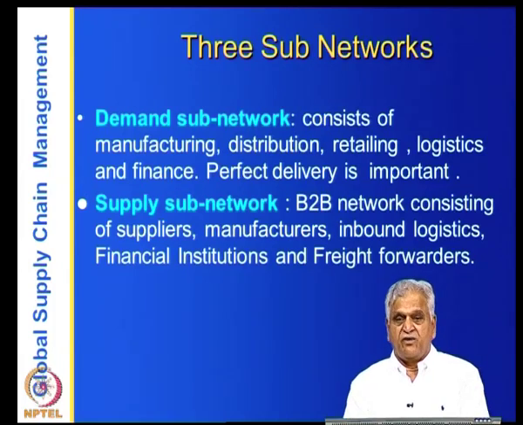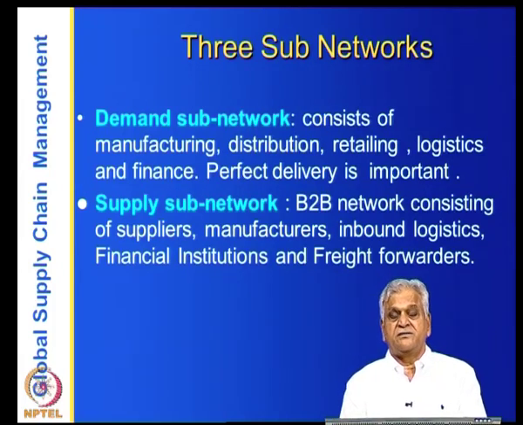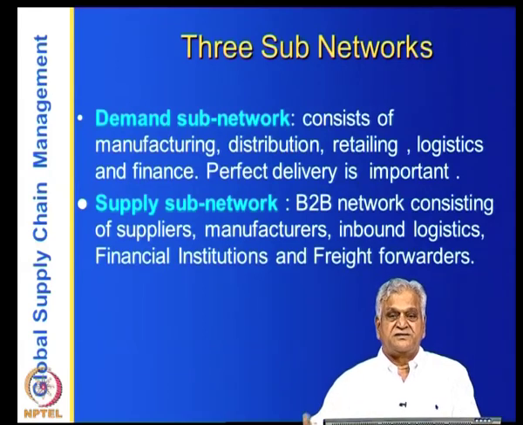It is a huge flow. It has a lot of financial implications, because the flow has to be at the right time, at the right place, and your production times and production capability depend on this particular subnetwork.